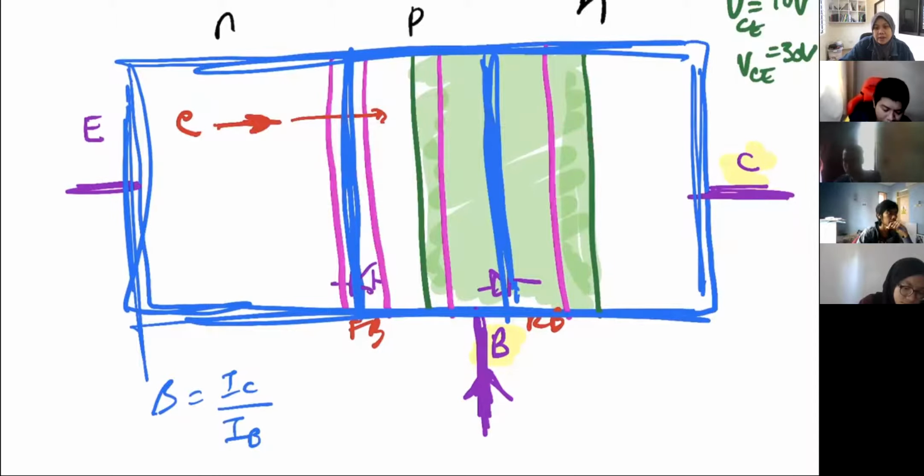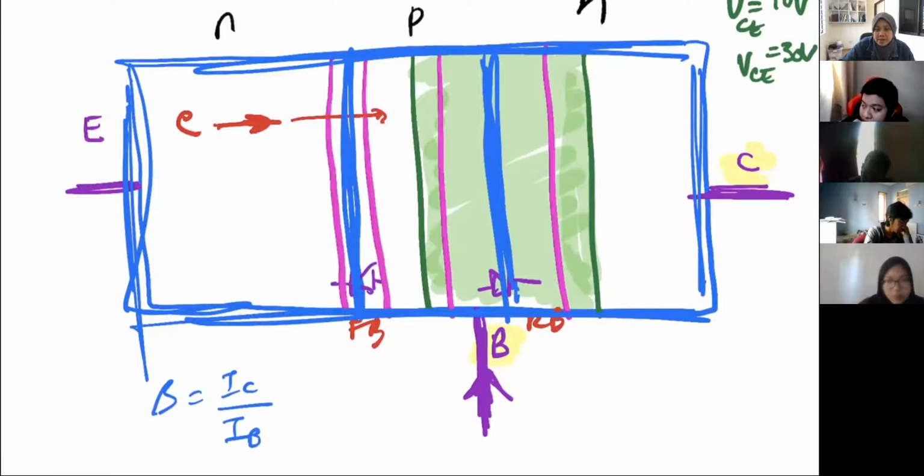So the base is called the transit region, and as we increase the VCE or VBC, the depletion region of the base to collector junction becomes bigger.